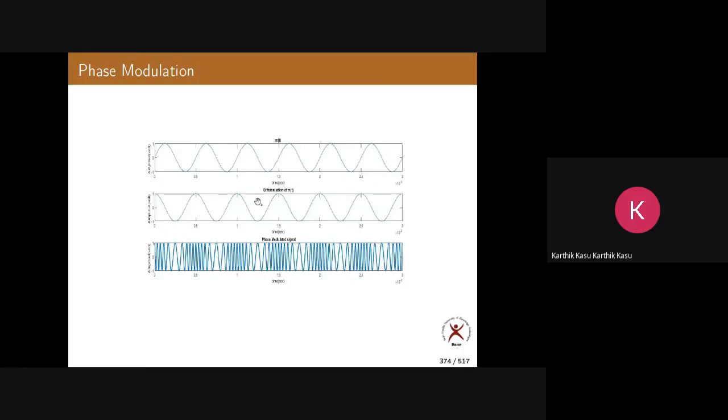Now let us come to the phase modulation. I want to tell you one thing: observing the phase variations is somewhat difficult, but observing the frequency variations is somewhat easy. Do you agree with me? Because of the concept I told you just now.